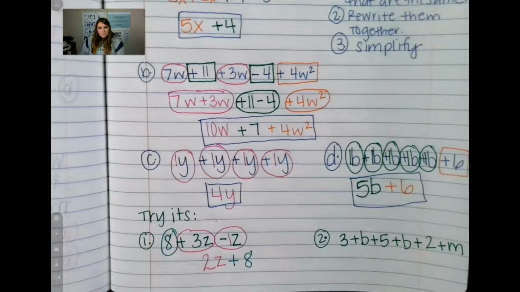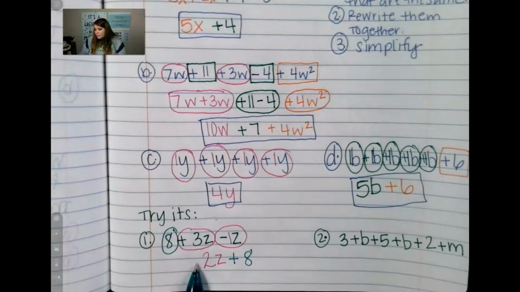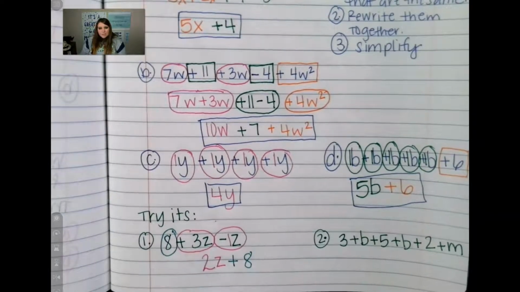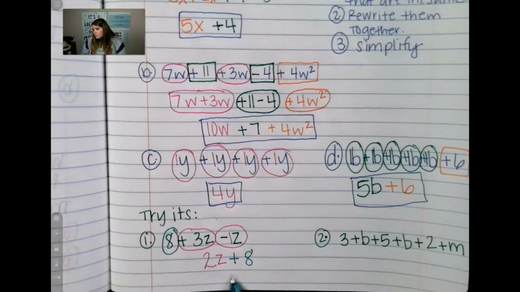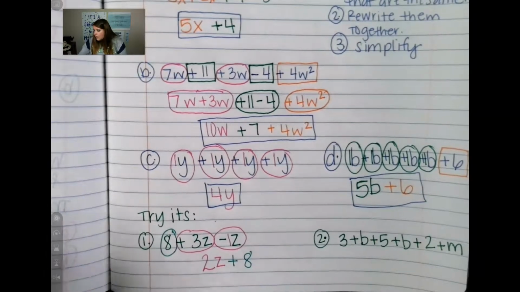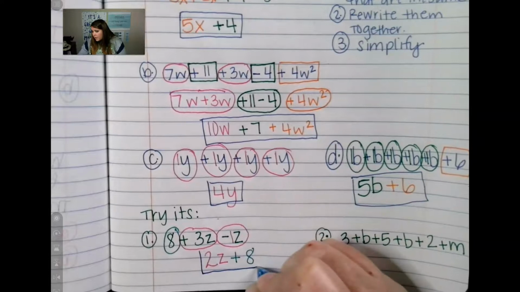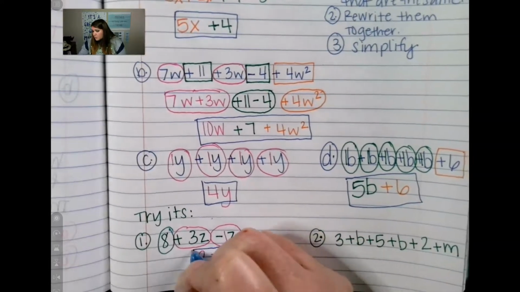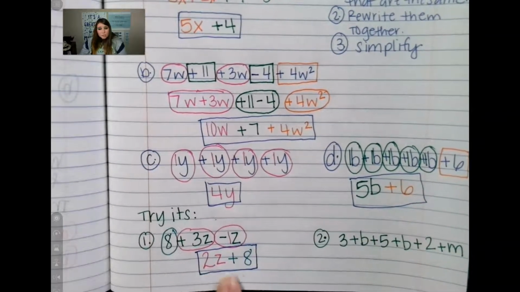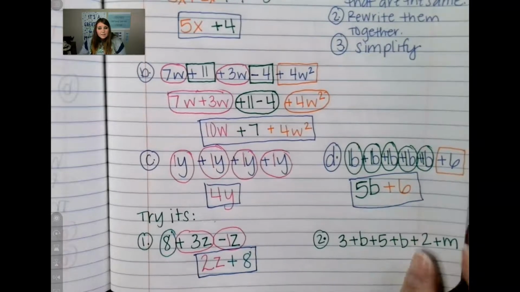So 2z plus 8. If you wrote 8 plus 2z, that's okay. That is the same thing. We're just going to use the commutative property to move that 8 behind so that way you write it correctly. Algebraic expressions should be written so that the variables come first and then the constants at the end.